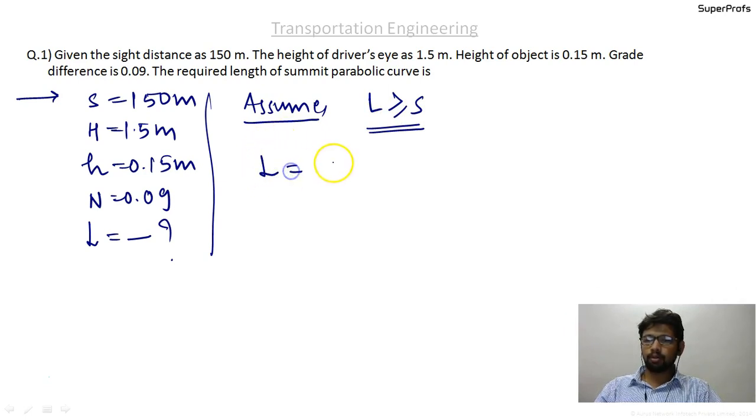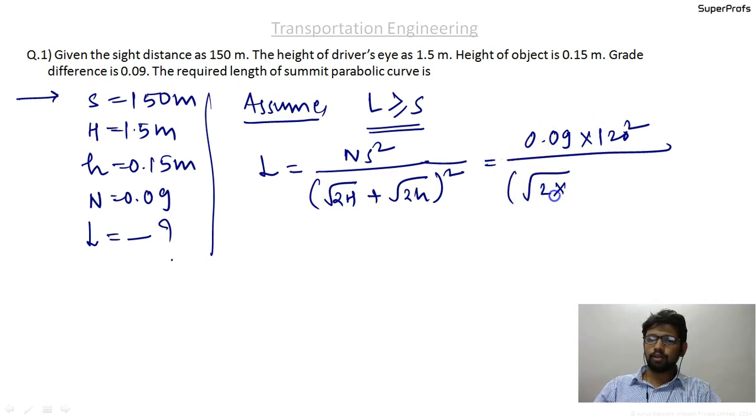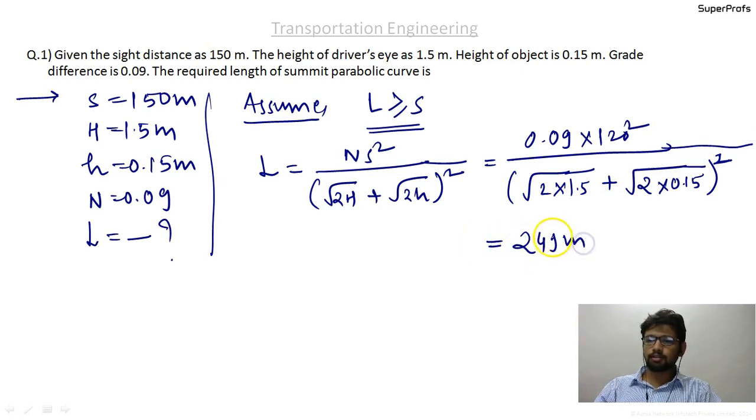For this, the length of the parabolic curve is L equal to N S square upon the square root of 2H plus the square root of 2 small h, bracket whole square, which will be equal to 0.09 into 120 square upon the square root of 2 into 1.5 plus the square root of 2 into 0.15, bracket whole square, which is equal to 249 meters, and it is greater than 150 meters.